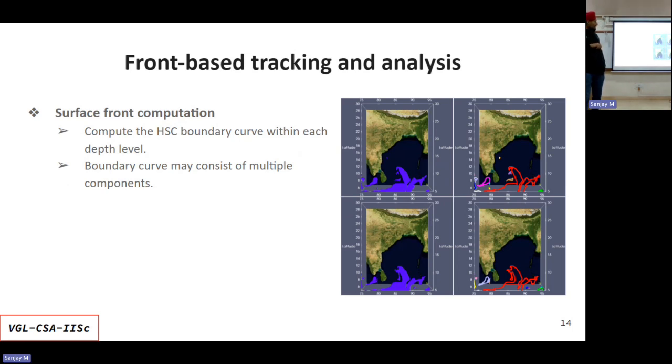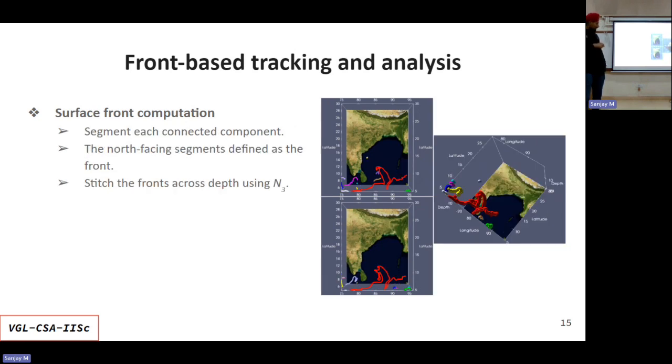So we can see here in the example that this boundary front and this boundary front have something on the south side also. But when we extract them, we have only the one that's facing north. So we just take the westmost and eastmost points and take a walk towards north. Once we have these boundary fronts, we collect them together, stitch them together to get a surface which is facing north.